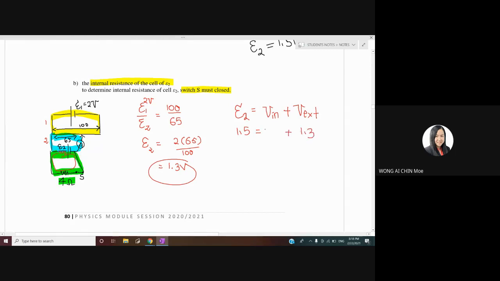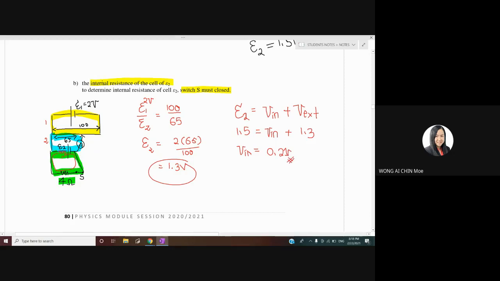So V internal, the potential across the internal resistor, is equal to 0.2 volt. The 0.2 volt disappears because there is an internal resistor.